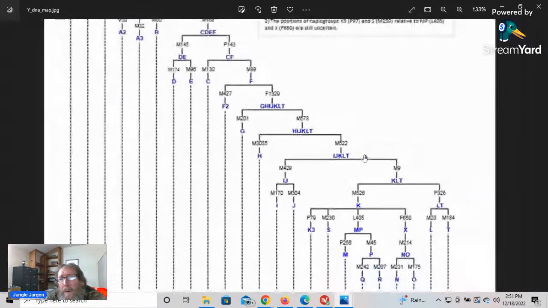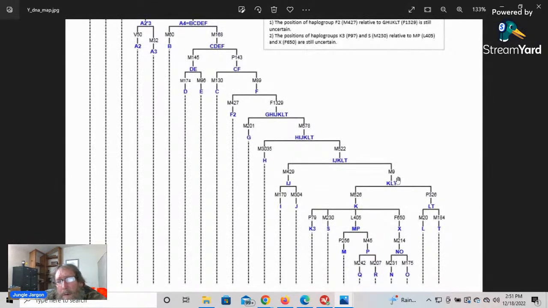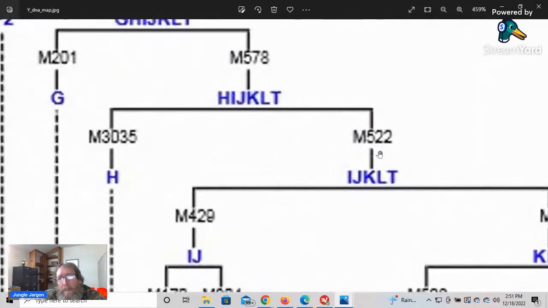But these up here, this M19, M522, these things, instead of being gained going this way, I believe that the only way you can disprove the out of Africa belief is that they're being lost.